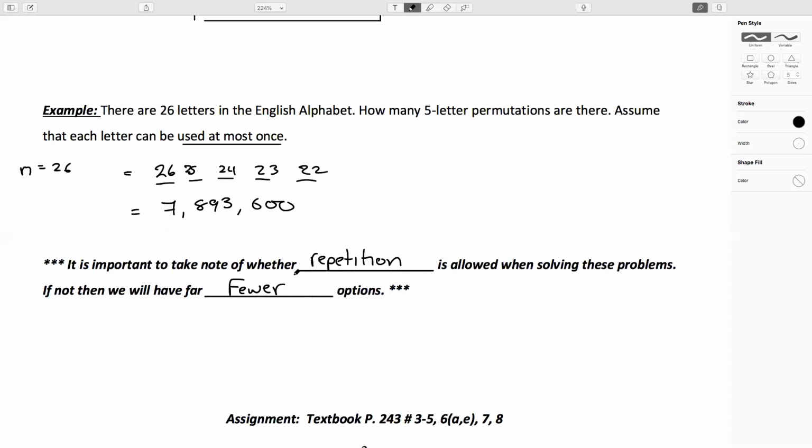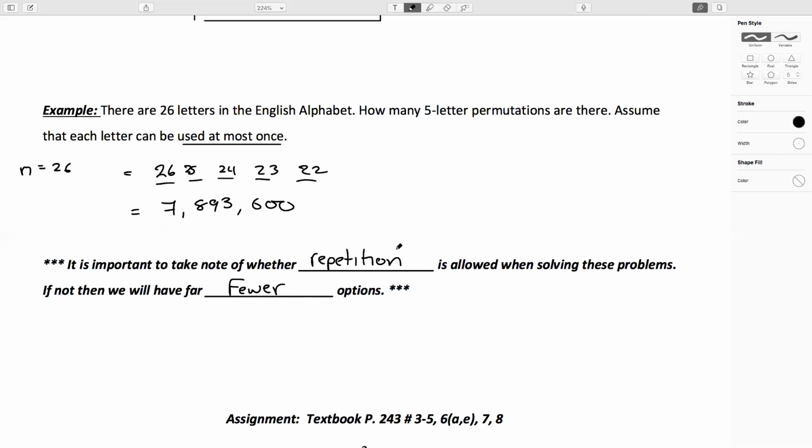And a permutation is an ordered arrangement of something. We solved some problems with permutations, and we talked about what to look for when solving these problems. And that's things like repetition or specific rules or things that you can or cannot do.